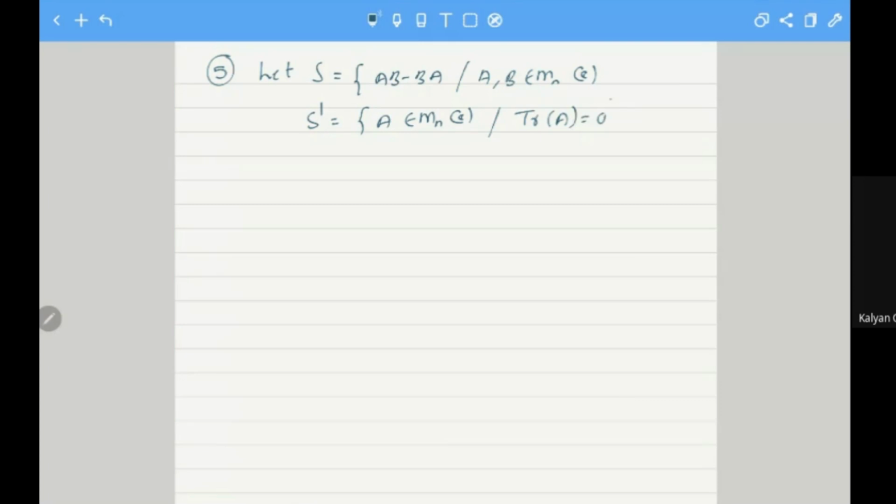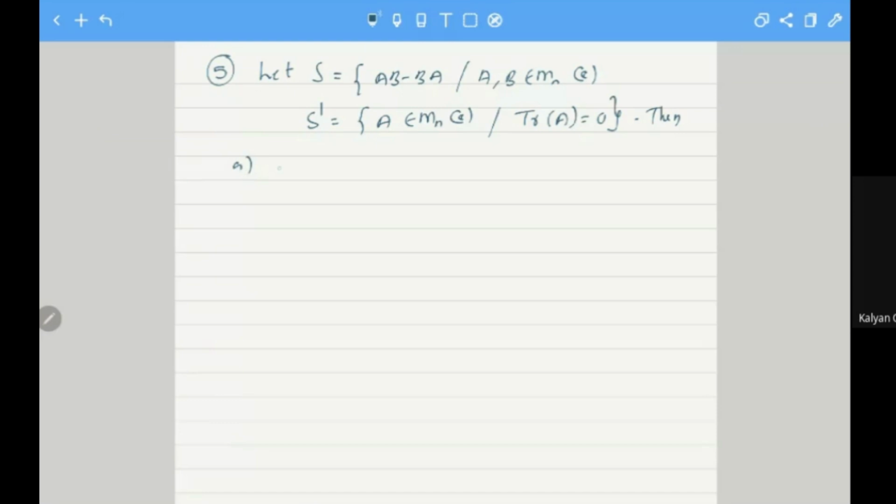We will move to the next question. Question 5. Let S equal to the set of AB minus BA such that A, B are elements of M_n(C). S prime is equal to the set of all A in M_n(C) such that trace of A equal to 0.